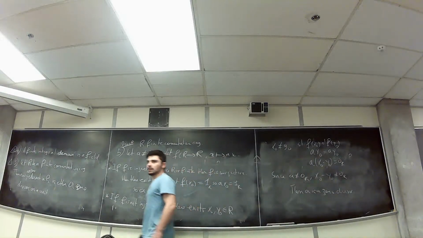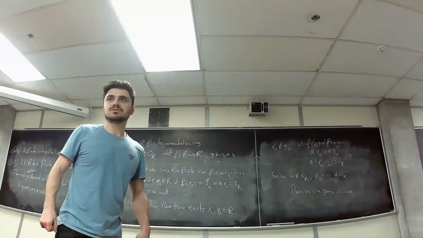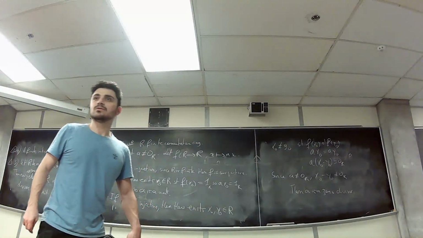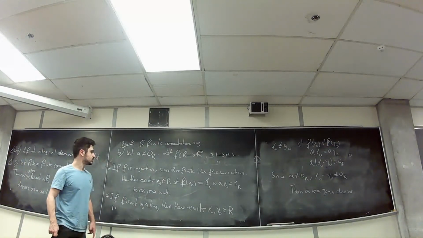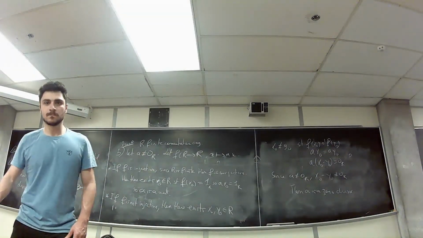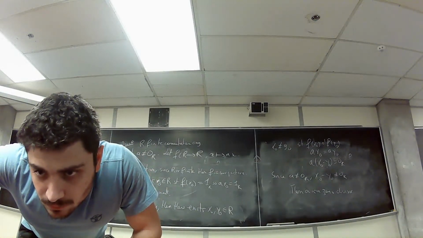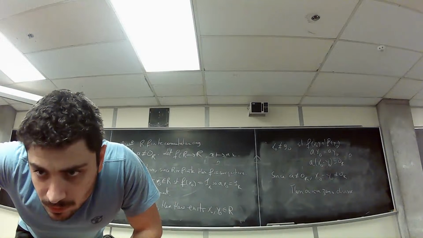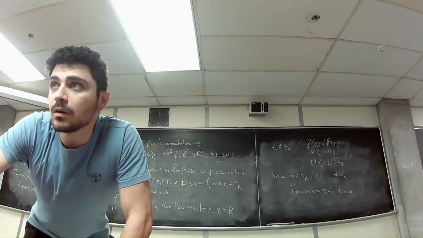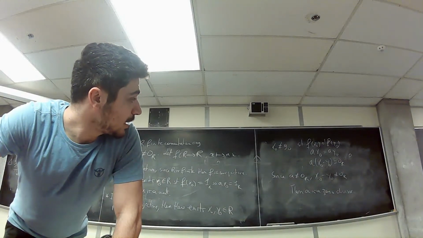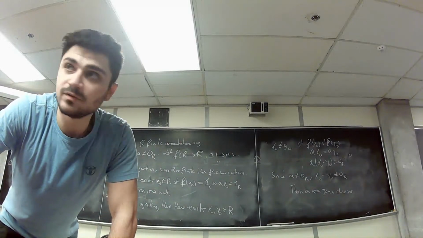Now I think in class I proved that it can't be both at the same time. If it's a unit, then it's not a zero divisor. And if it's a zero divisor, then it's not a unit. It's exclusive. Since x minus y is not equal to 0, and a is different than 0, a is a zero divisor.